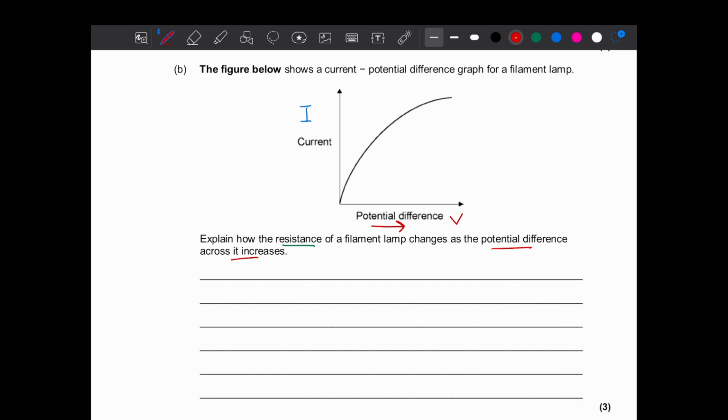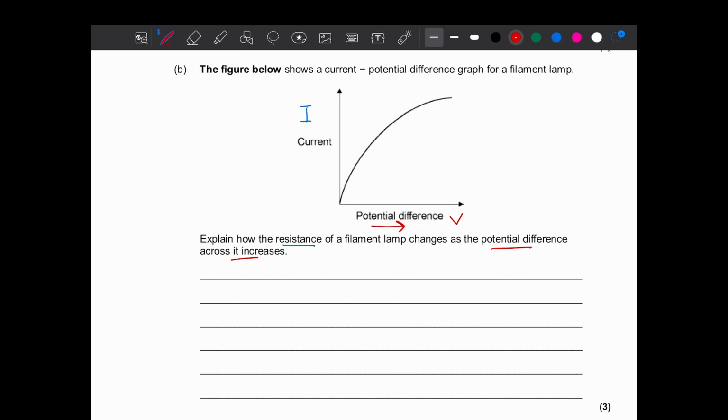There is a very set answer you can give here because it's a common question, so this is really something that's worth remembering. When you have potential difference increasing, that causes current to increase. We can see that on the graph over here. Potential difference goes up, current goes up.